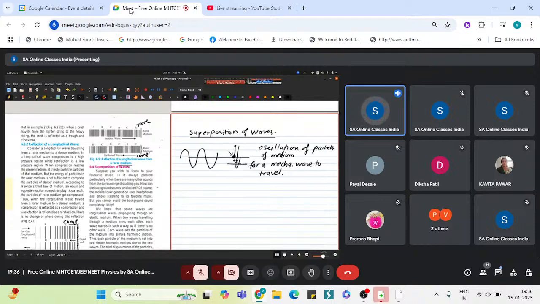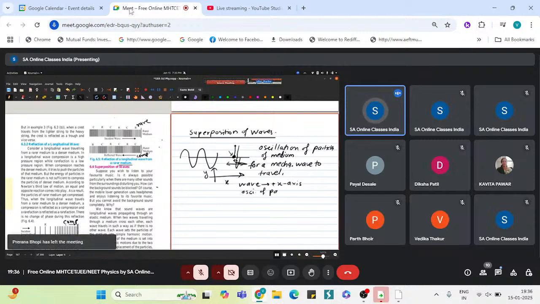So this particle is not going to move this way. Let's say this is the x-axis and this is the y-axis. The wave is moving in the positive x direction, but the oscillations of particles are always going to be in the y-axis direction.